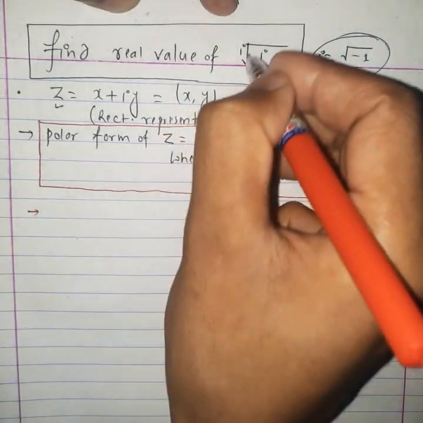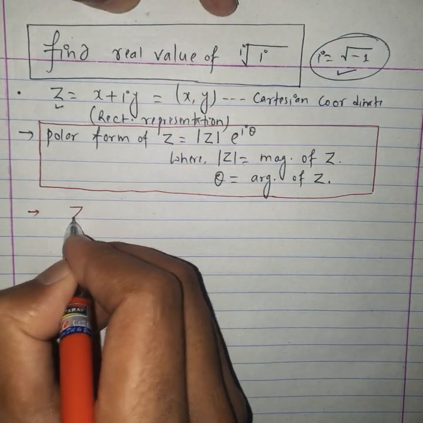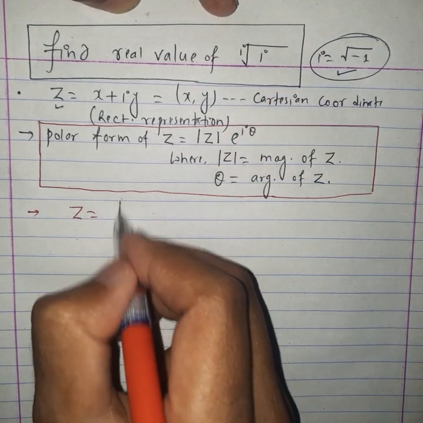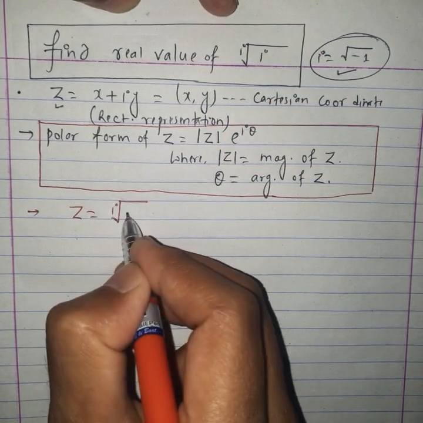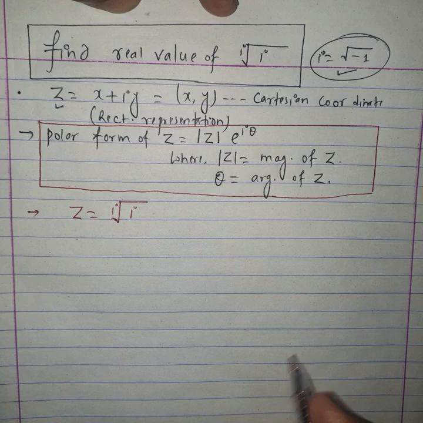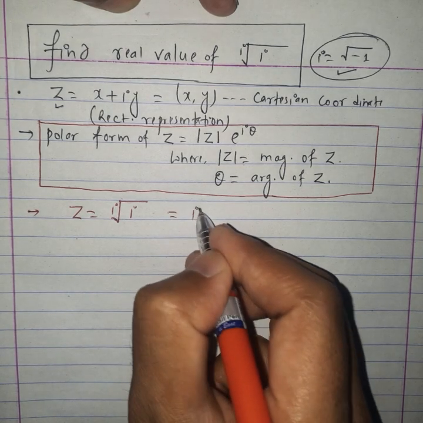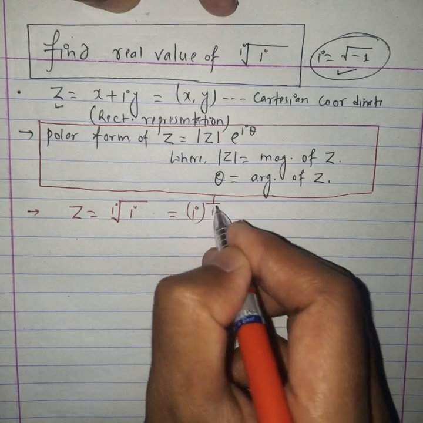Now let's move to our question. Let's say this complex number is z. It is the ith root of the complex number i, which can be simplified as i raised to the power of 1 over i.